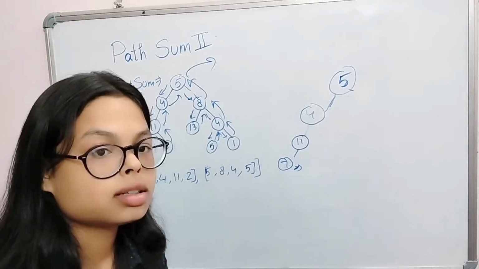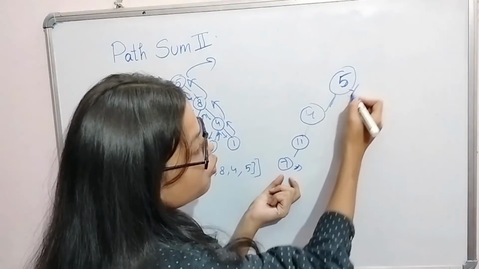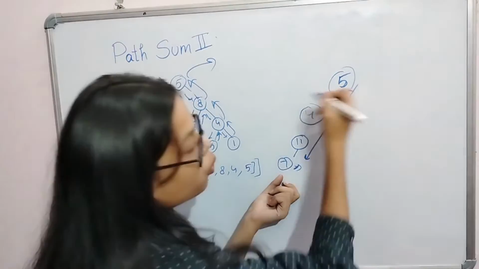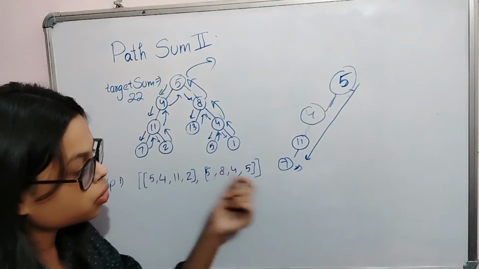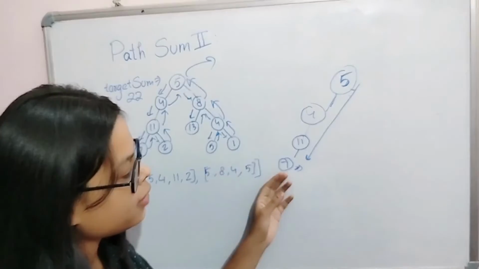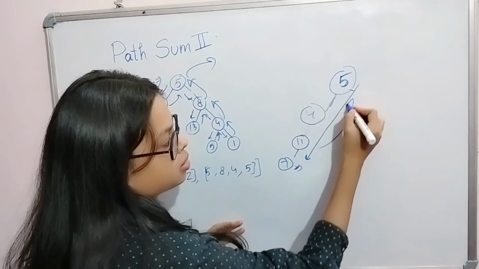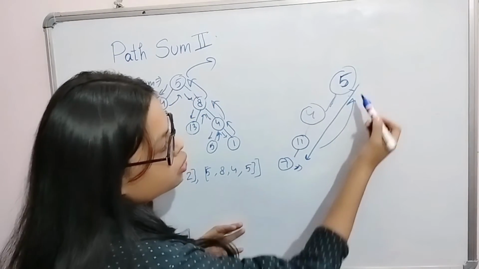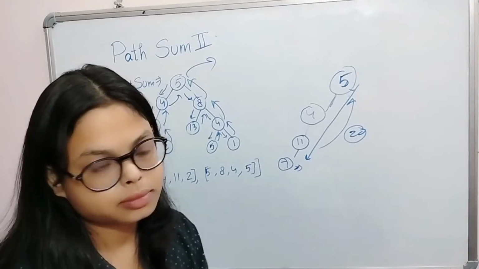Now what we need next is, is the sum of all these nodes equal to 22? So for 7, if I somehow manage to get whatever my previous sum is, the previous sum will be 5 plus 4 plus 11, which is 20.